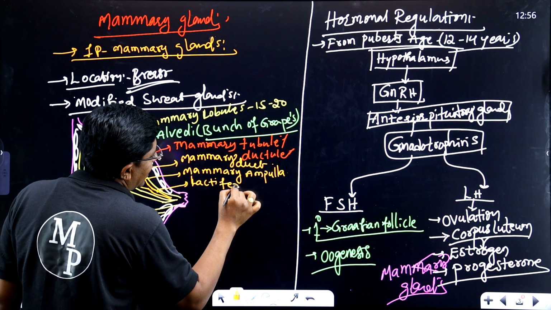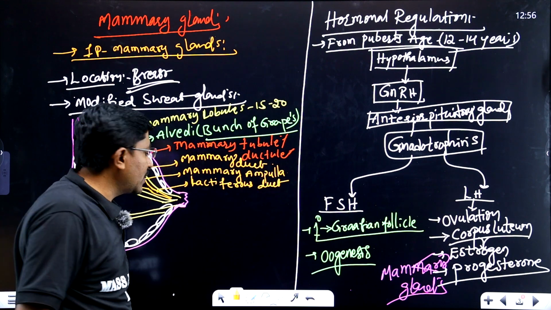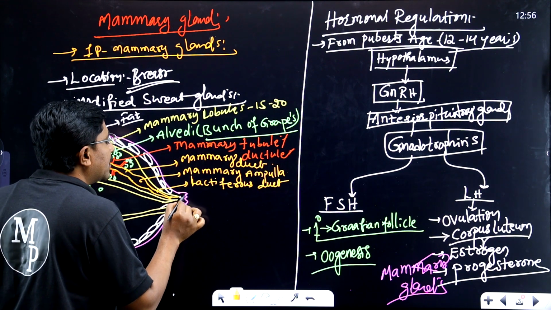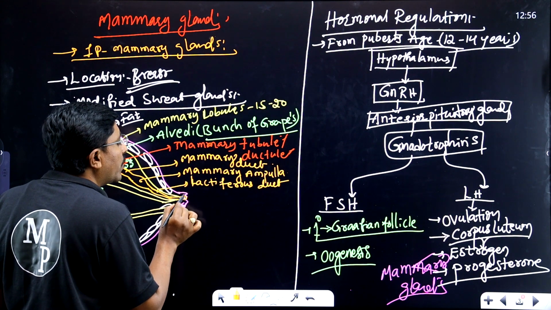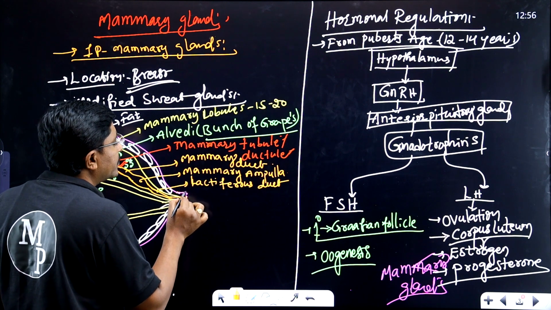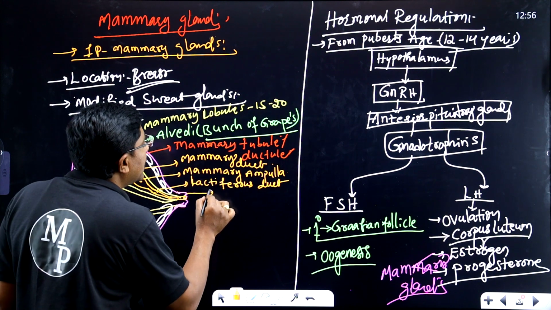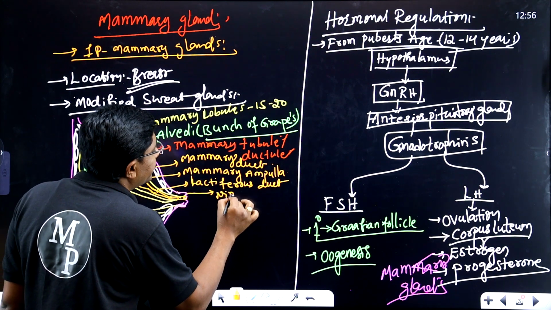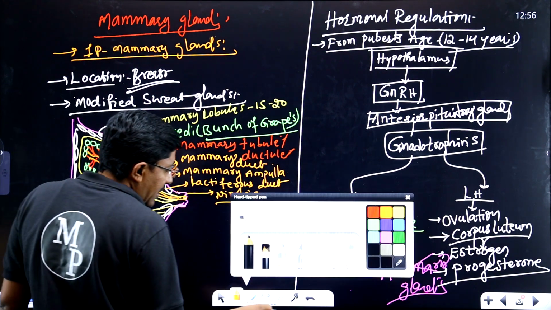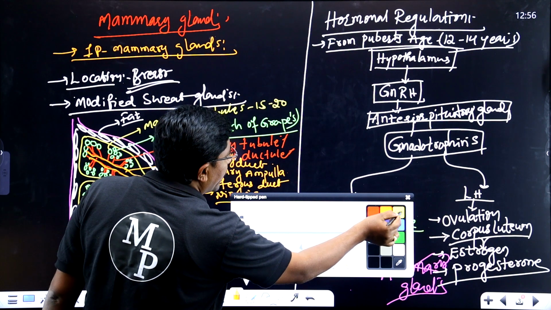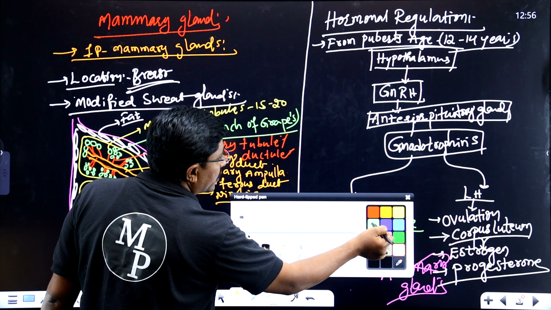The lactiferous duct opens out through one small opening in the nipple. So the structure through which the lactiferous duct opens out is the nipple. Surrounding the nipple, the pigmented portion is there.